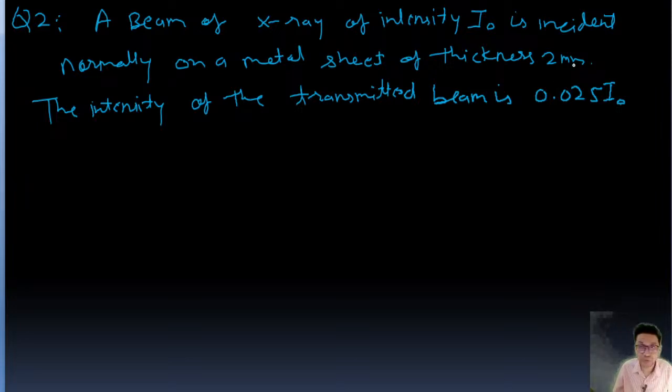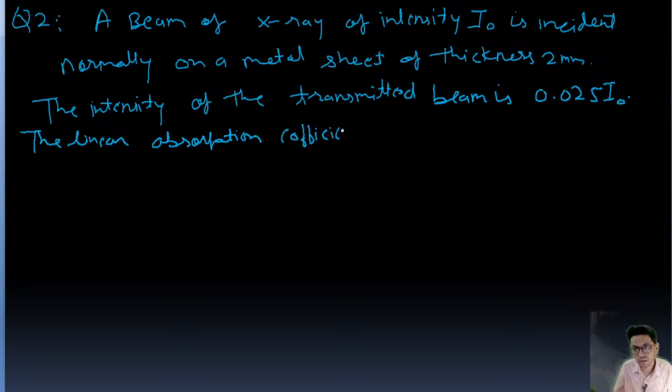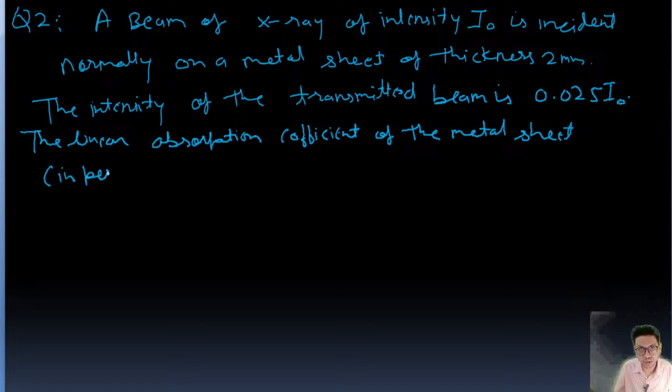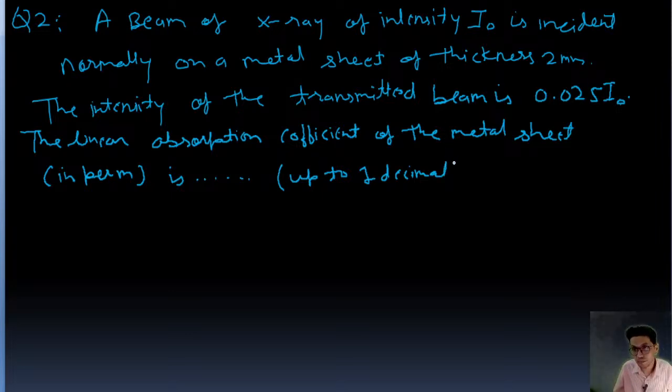The linear absorption coefficient of the metal sheet, in units per meter, is what you need to find out, up to 1 decimal place.